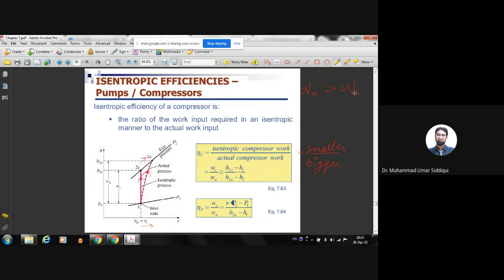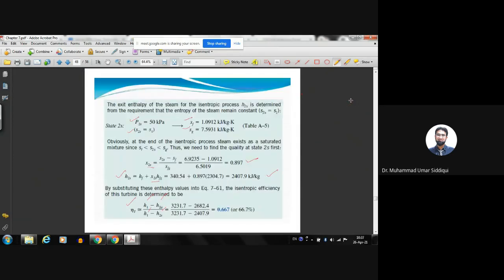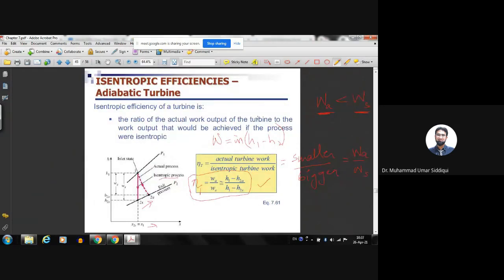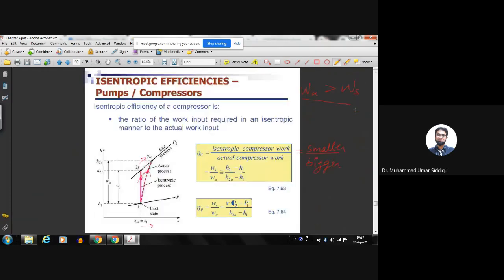This is exactly opposite to the previous case. If you look here, for the case of the turbine, WA was less than WS. But in case of the compressor, WA is actually more than WS. The main reason is that in case of the turbine, it was W out, and here, in case of the compressor or pump, it is W in. So whenever we have losses, the actual input needed will be much more than the isentropic input needed.